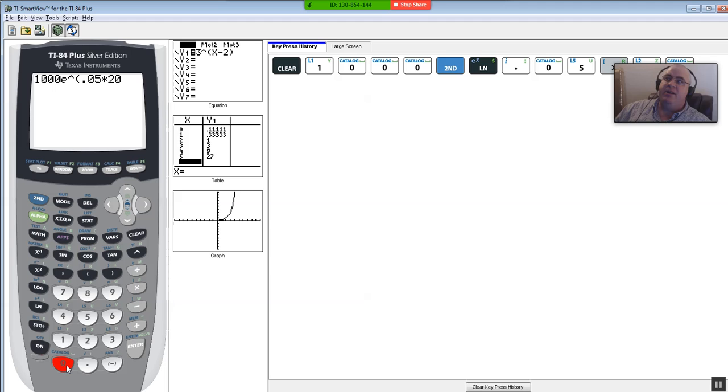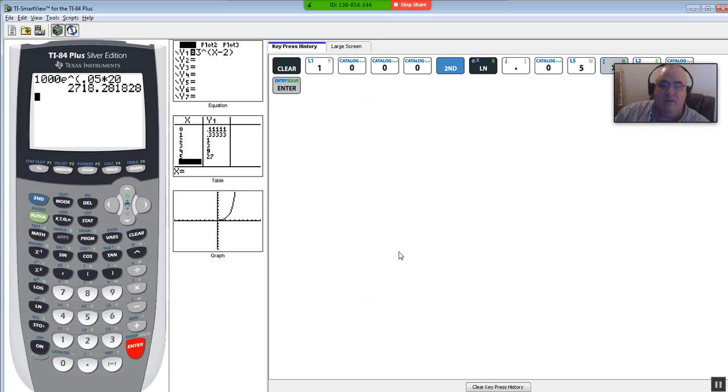The trick to plugging this one in your calculator is do not put any extra parentheses in there. So you plug it in with as few parentheses as possible, none if you can do it. You notice I didn't type a beginning parenthesis. It put that beginning parenthesis on there for us. And then press enter.